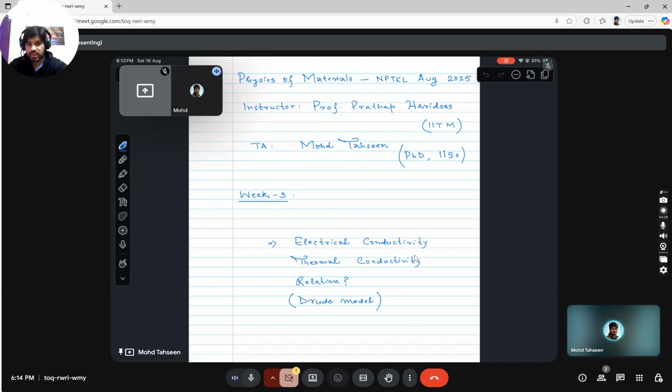In the week prior to that, just to have continuity of thought, we discussed the exact same quantities, electrical conductivity and thermal conductivity, but we talked about measurements.